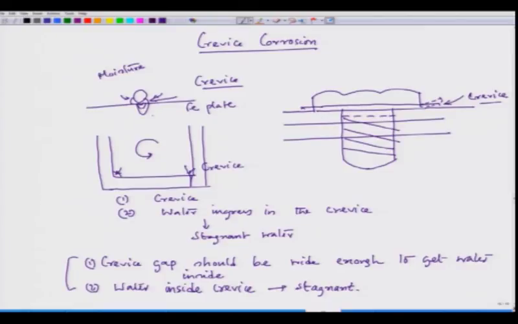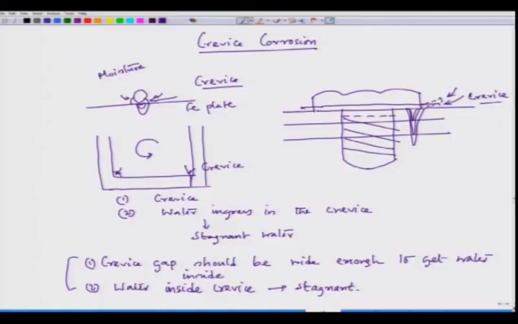The corrosion would be so fast that even without giving any signature, it might leak the container. Here also, since there is a crevice, moisture is there, and it is stagnant, corrosion can take place and the attack can be like this. So, these are some of the deadly corrosion effects of crevice, and we have to make sure of this.